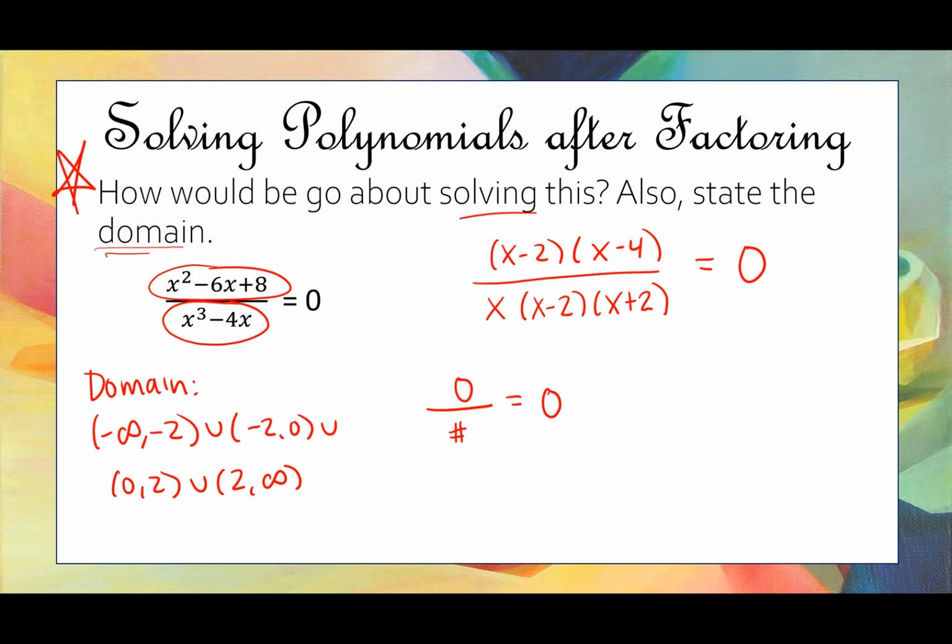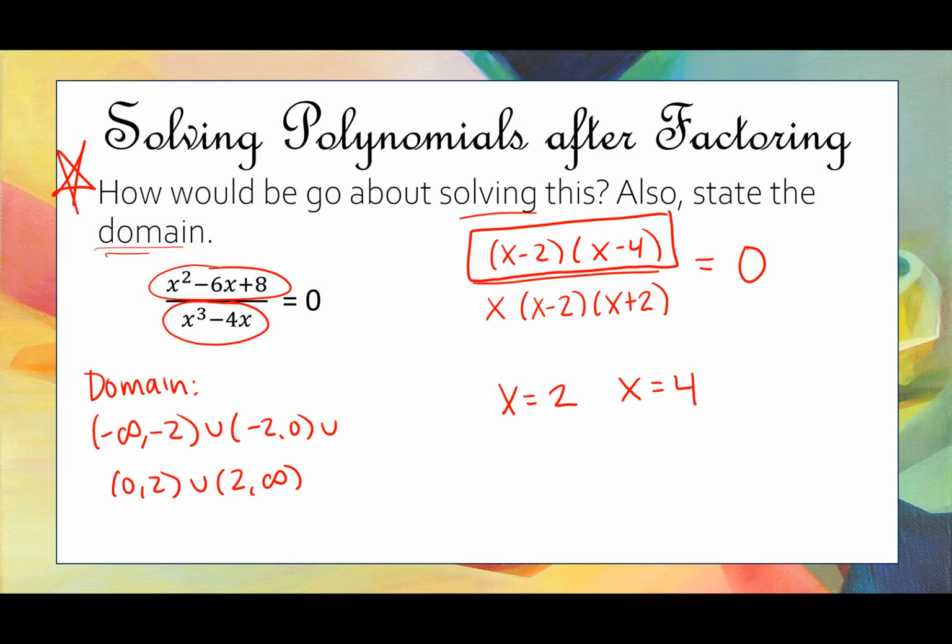So we can't have a 0 in the denominator, but what we want is a 0 in the numerator to solve this. So we look in our numerator, and when is this equal to 0? Well, when x is equal to 2 and when x is equal to 4. However, one of these answers is not true because one of these answers is not in our domain.